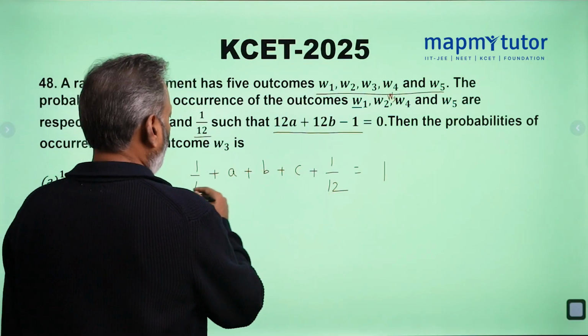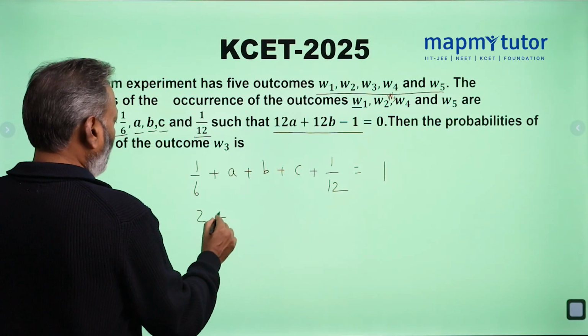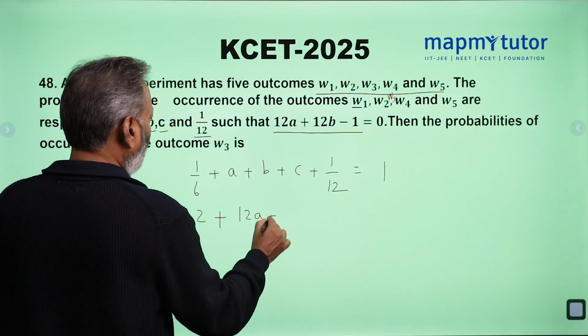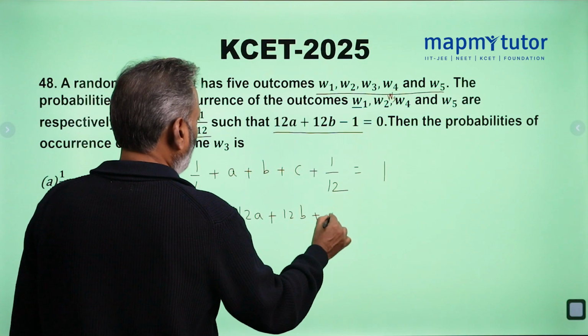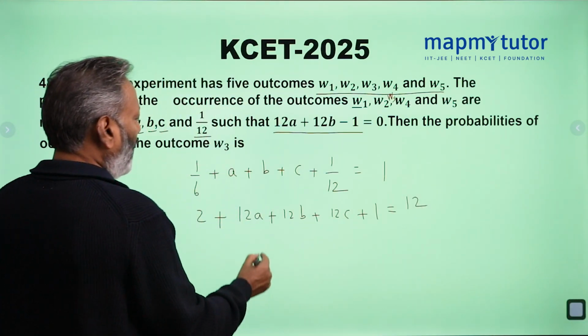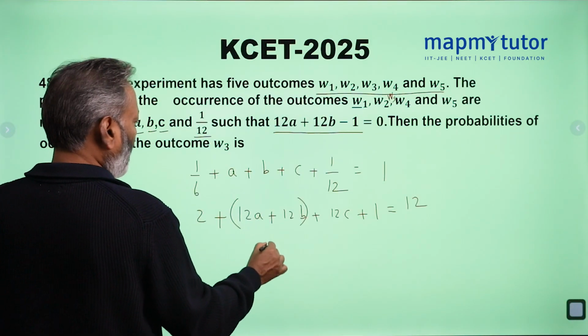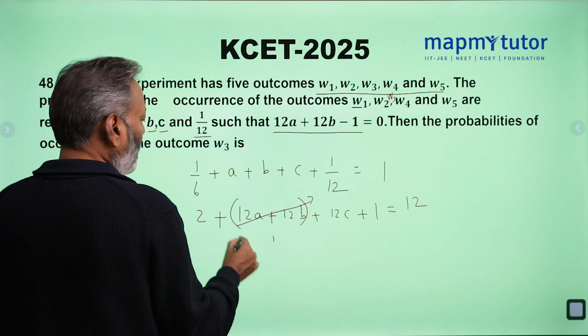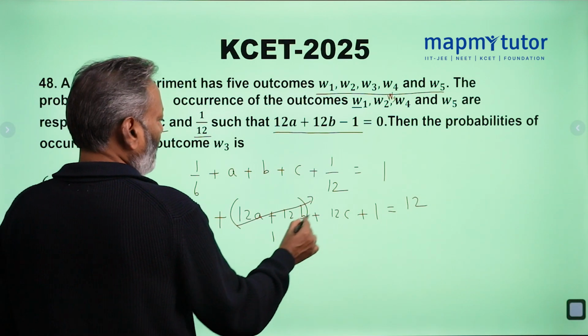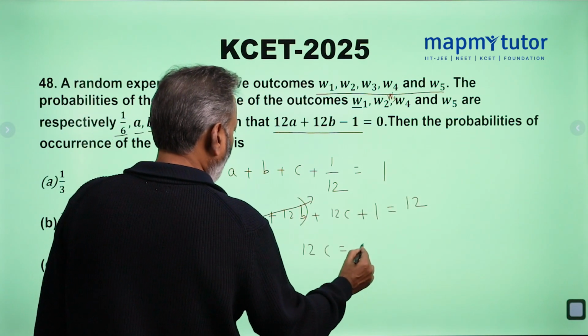Therefore, if you take LCM of 12, multiply by 12 on both sides, you will get 2 plus 12A plus 12B plus 12C plus 1 equal to 12. And already 12A plus 12B is given as 1. So 2 plus 1, this of course I can replace with 1. 2 plus 1, 3 plus 1, 4. If I send it to the other side, I'll get 8.